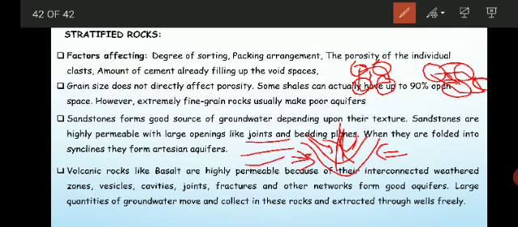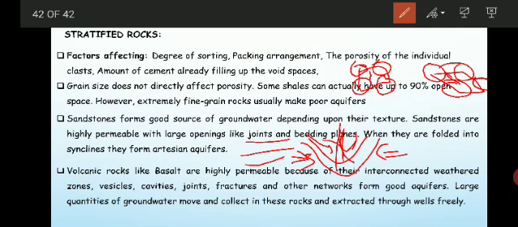Usually in sandstone you find different types of joints, like cuboidal joints, or there are big cracks, like you might have seen in the Badami caves. They are all in sandstone. There you can see the big cracks in between, like a valley. So these big cracks are called joints.